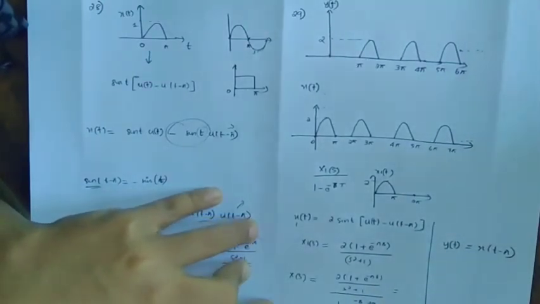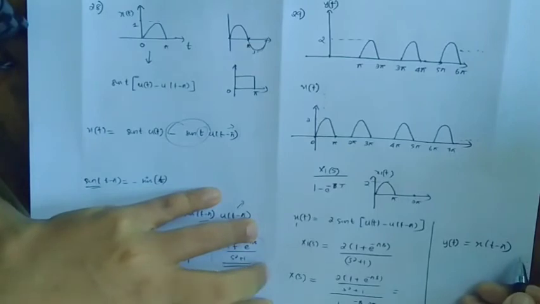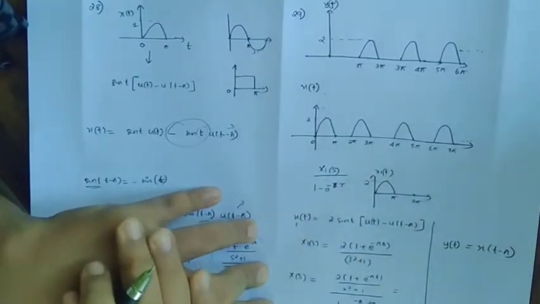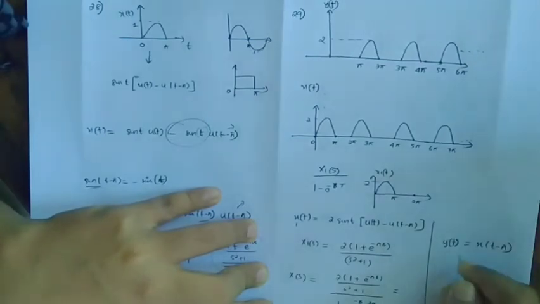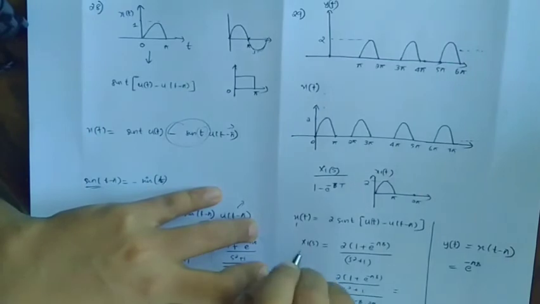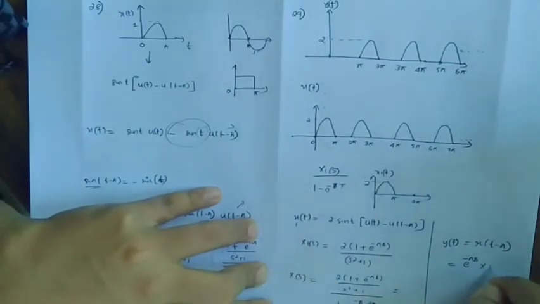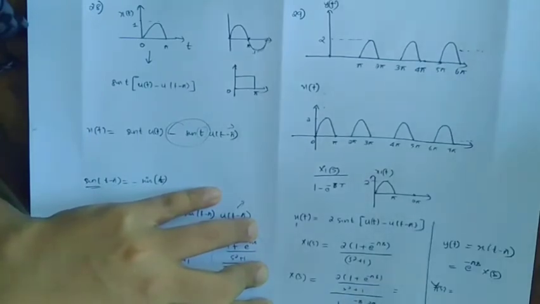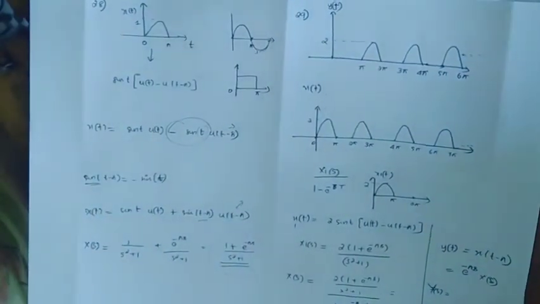And what will be the Laplace transform of x of t minus pi? It will just be multiplied by e raised to minus pi s into x of s, right? So, y of s will be equal to this particular thing into x of s.